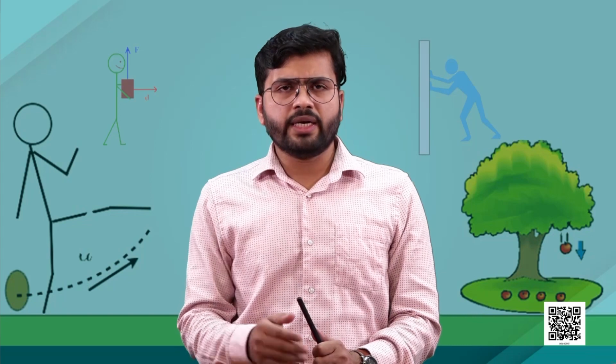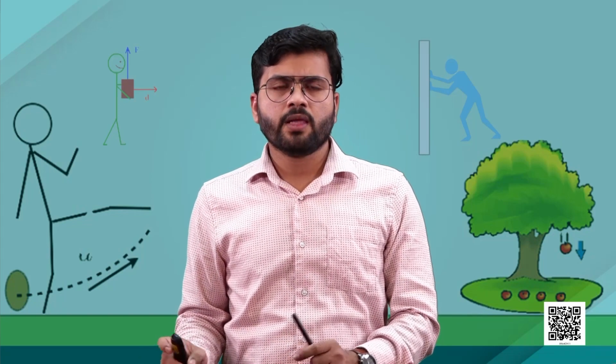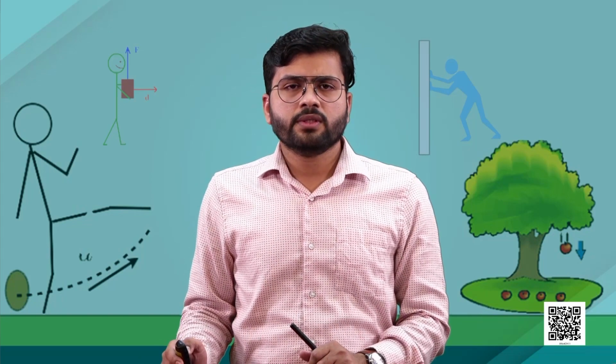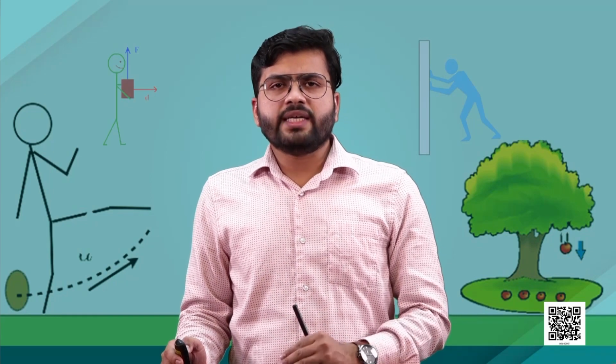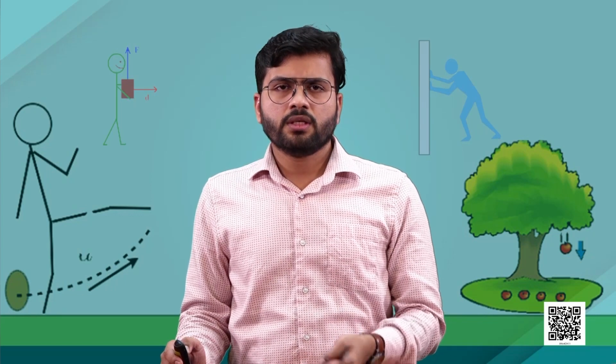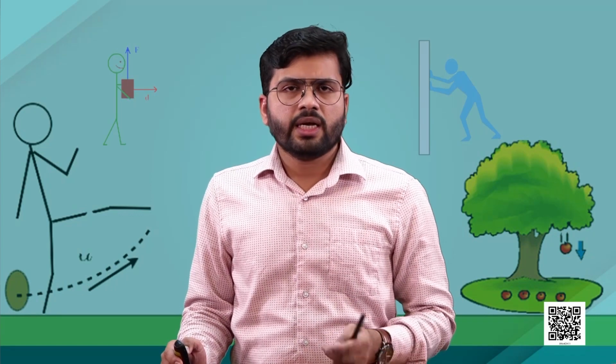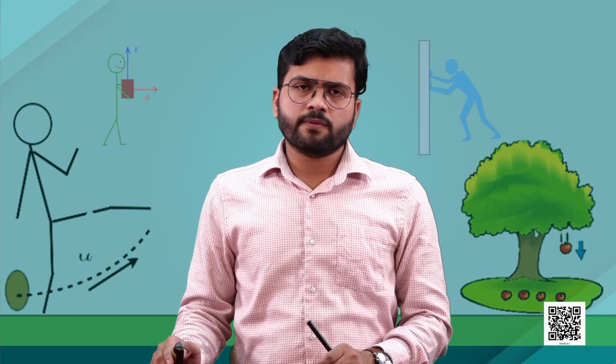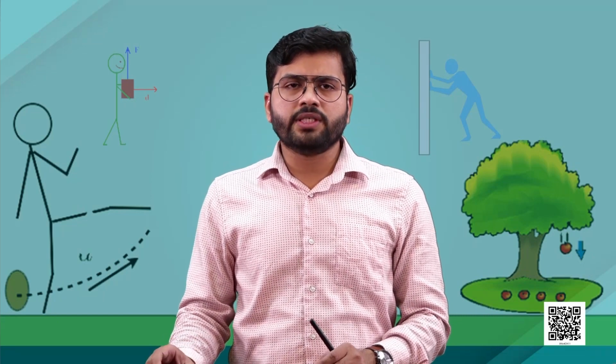Now, we have already discussed the expression for the potential energy. So, when it is at 6 meter height, we will find out the work done, and that work done will give us the potential energy possessed by the object. So, let us see how we can solve it.